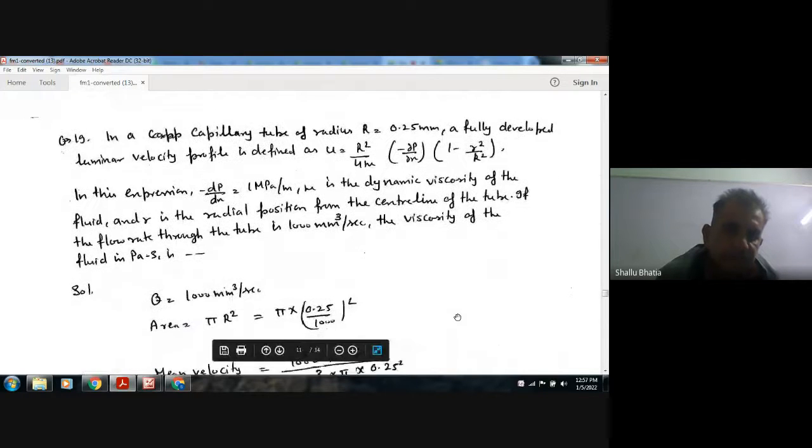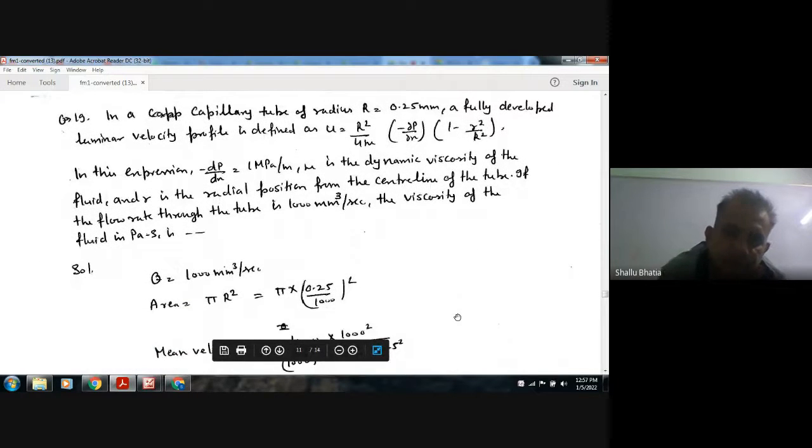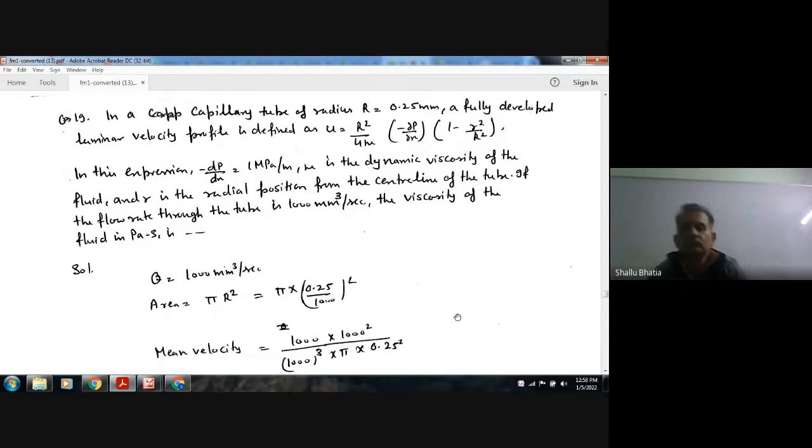Next, in a capillary tube of radius r equal to 0.25 mm, a fully developed laminar velocity profile is defined as u is equal to R square divided by 4 mu into minus dp by dx into bracket 1 minus r square by R square bracket close.